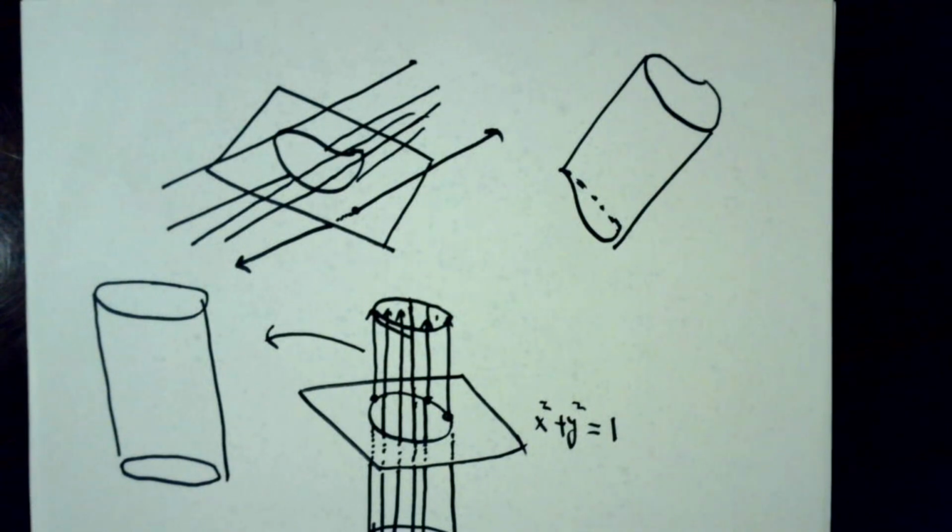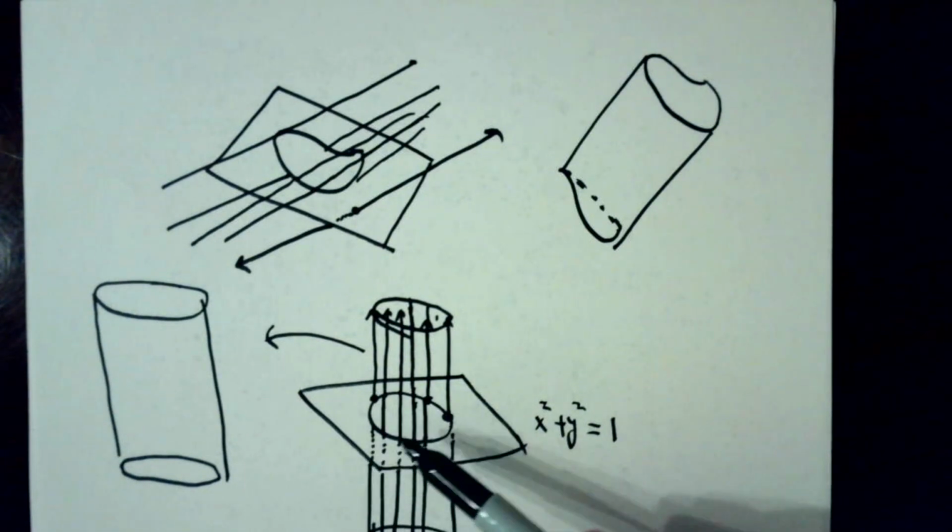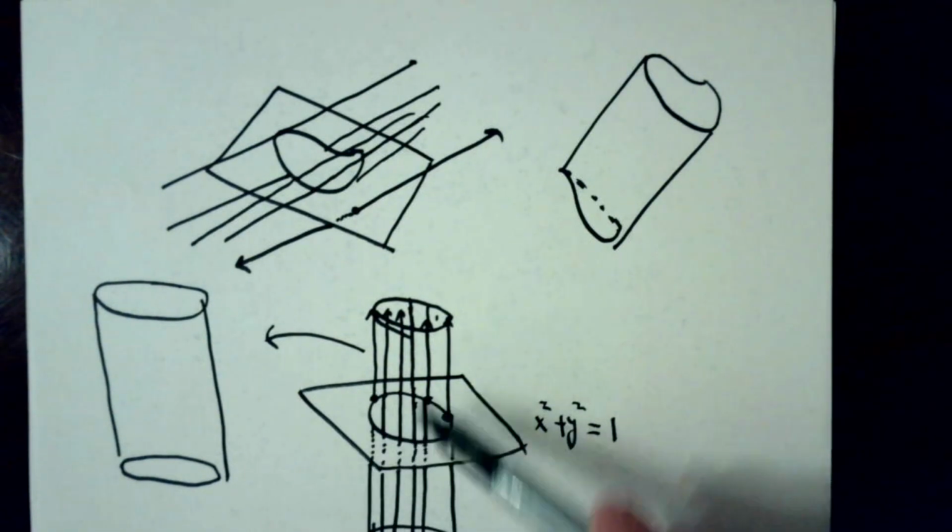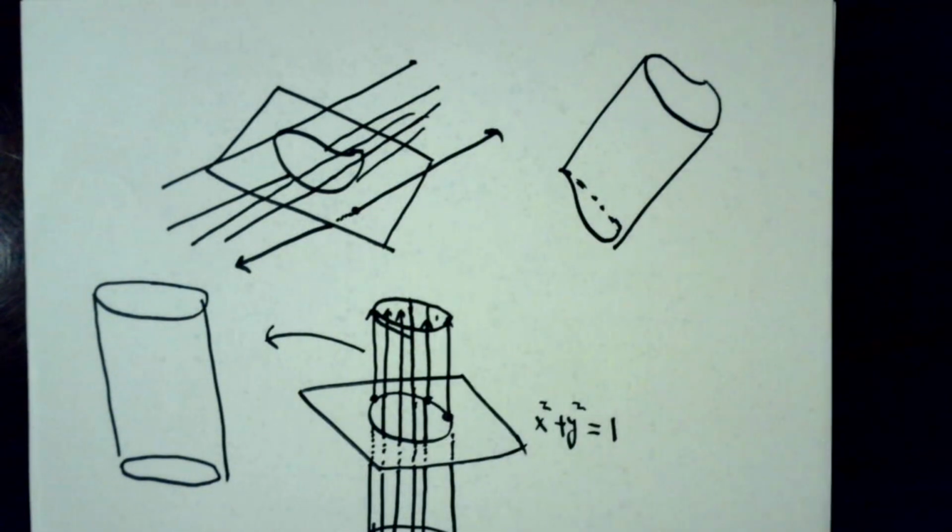The issue of how to write an equation for such a thing is not as complicated as you would think. In fact, it's simpler than you'd think. If I'm in the xy plane, the points on the circle are exactly the x's and y's that obey x squared plus y squared equals 1. If I take any one of those points and alter its z-coordinate from being 0 to being not 0, I'll trace out one of these straight lines.